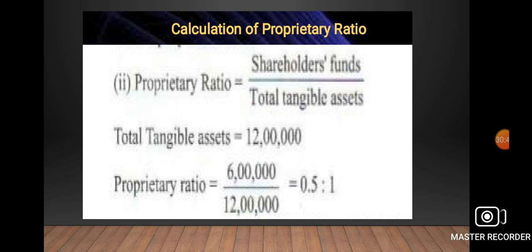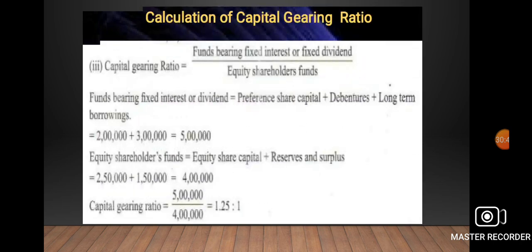Then the next ratio, calculation of capital gearing ratio. Capital gearing ratio formula: funds bearing fixed interest or fixed dividend divided by equity shareholders' funds. Funds bearing fixed interest or dividend means preference share capital plus debentures plus long term borrowings.